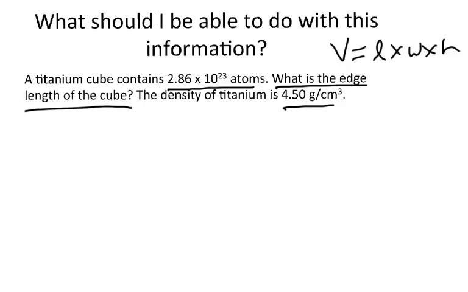We used titanium in a problem before. Let's look at the molar mass from the periodic table. So the molar mass of titanium is 47.87 grams per mole.